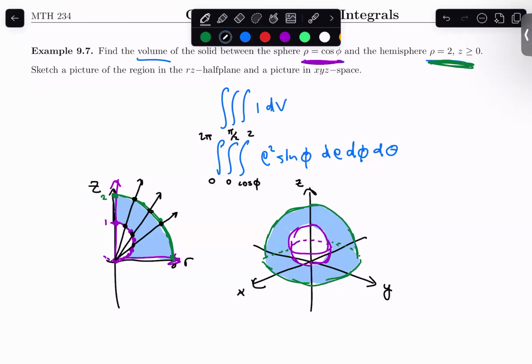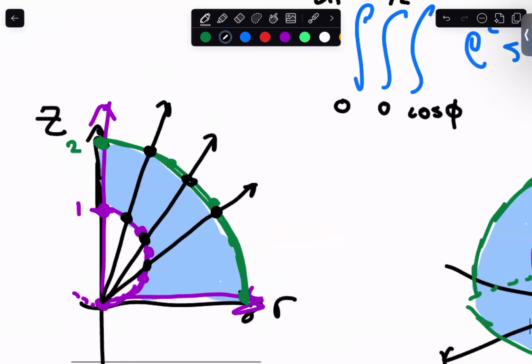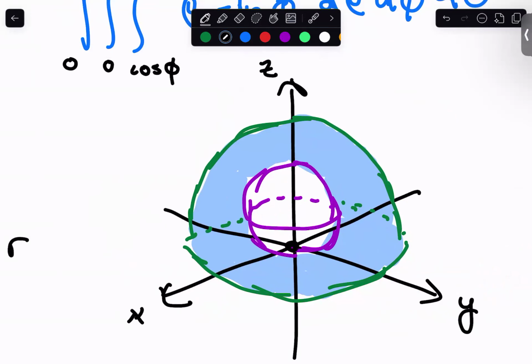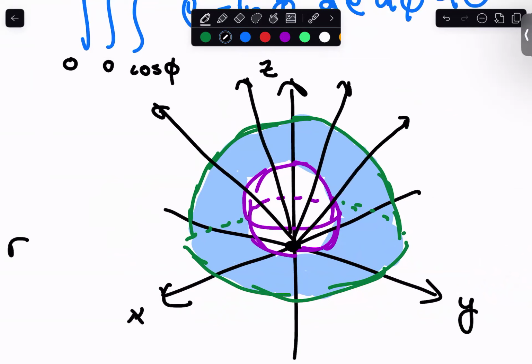Yeah, so rho is this radius that comes from the origin in the RZ half plane. If you wanted to do this in the 3D picture, it's the 3D radius. So if I was to emanate out of the origin here, again, rho squared is x squared plus y squared plus z squared. So it's talking about how far have you gone from the origin.